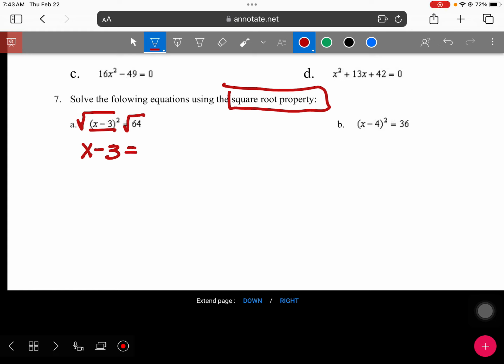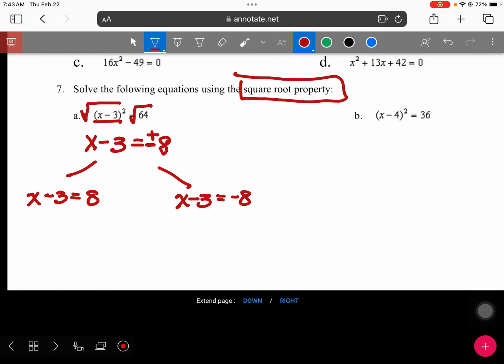Now, the square root of 64 is 8. But we also know that you can take -8 times -8 to get that positive 64. So this is where you break it into two parts and say x minus 3 equals the positive 8 and x minus 3 equals the -8.